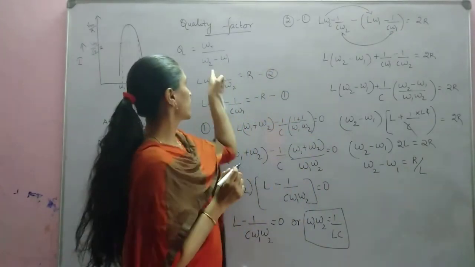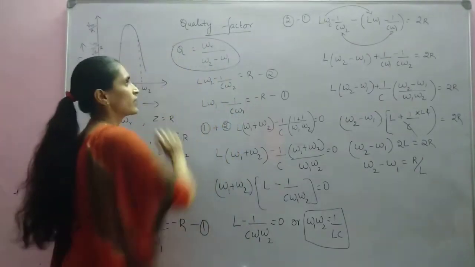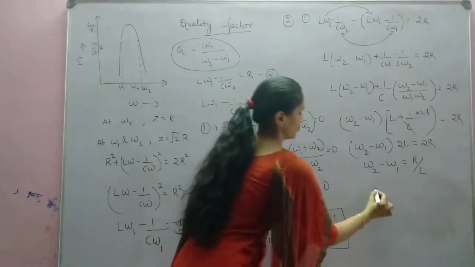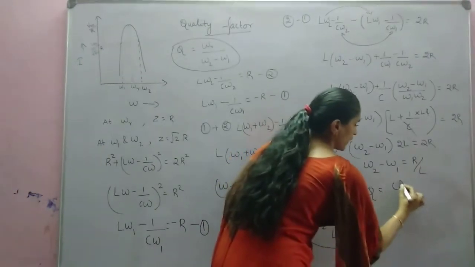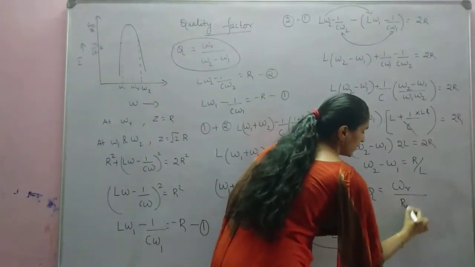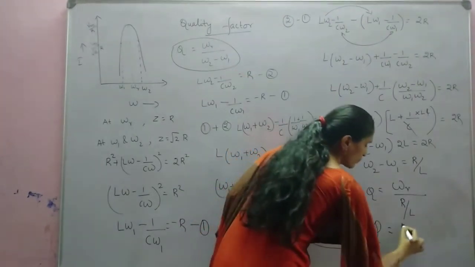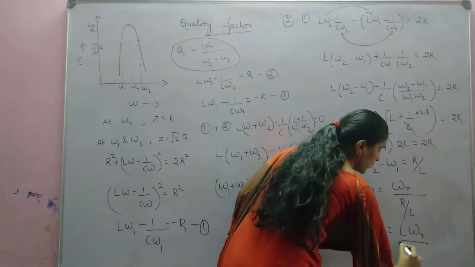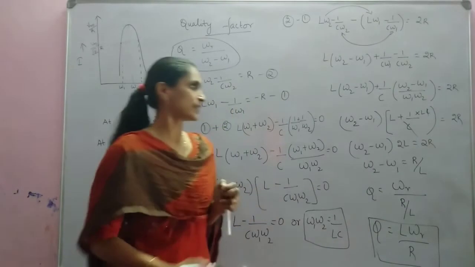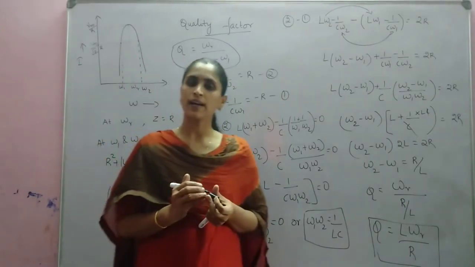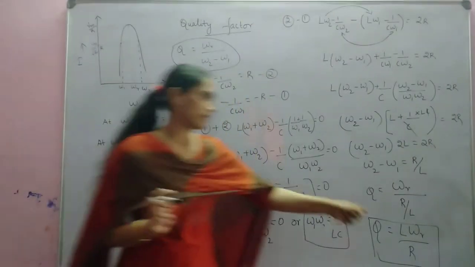We got the value of omega 2 minus omega 1, so that we can substitute in this equation. So what we will get? Q is equal to omega r divided by R by L. Or we can write quality factor is equal to L omega r divided by R. So this is the expression for the quality factor, given by L omega r divided by R. What is L?